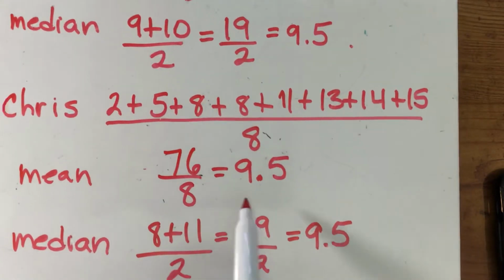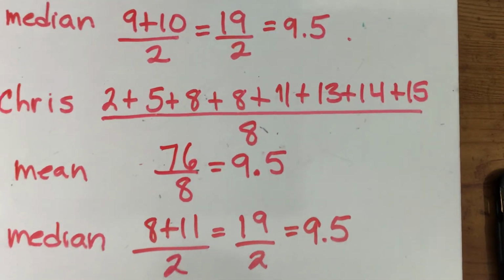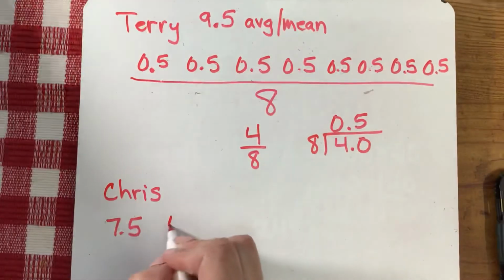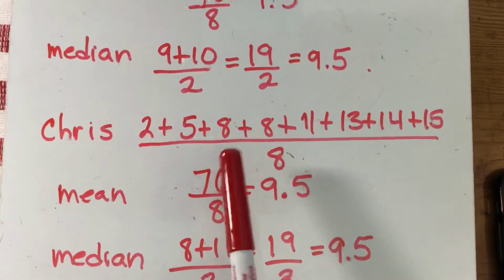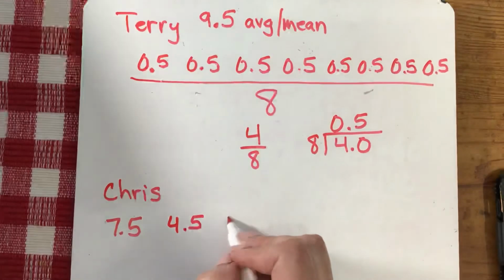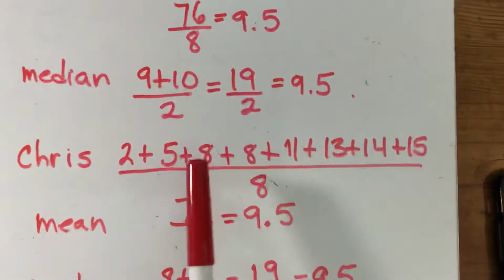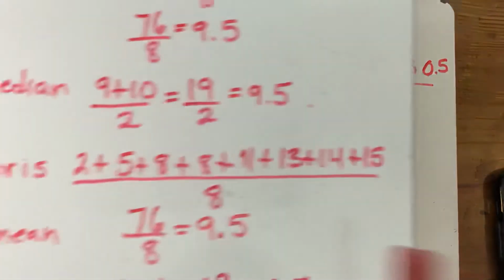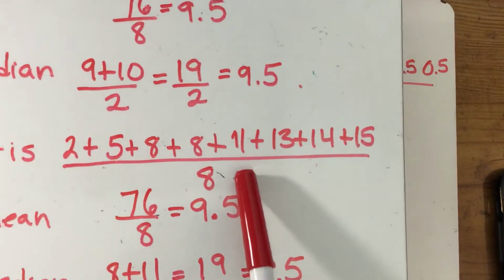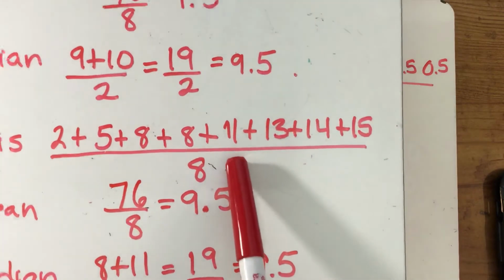9.5 minus 5, you're going to get 4.5 as your next set. 8, I'm going to get 1.5. Now remember, I've got 2 8s, so I need to have 2 1.5s. 11, what is the difference there? You're going to have 1.5.